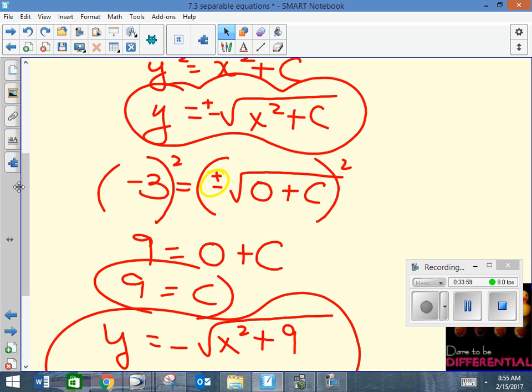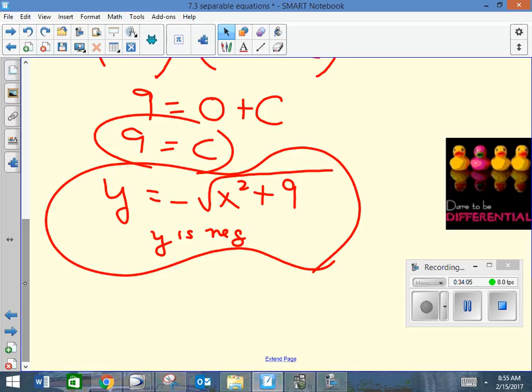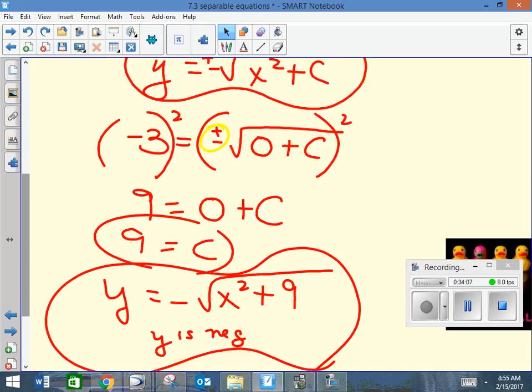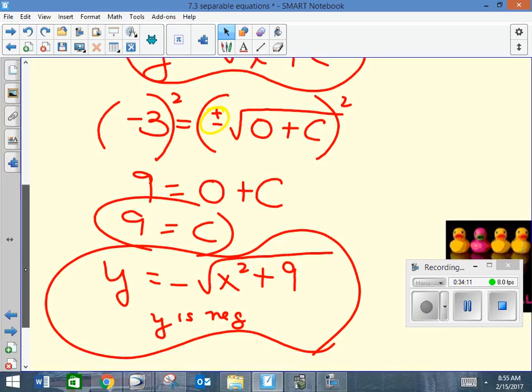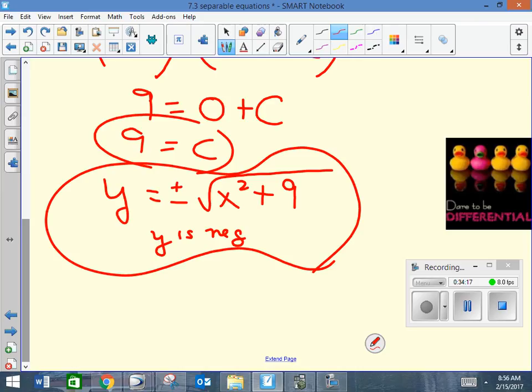Okay. So when you get this and you have your plus or minus, you throw in your x and your y. We square both sides and we get c equals 9. And then we go back to the general solution, remember, which is plus or minus. We have to pick one because that's two solutions. This or this.